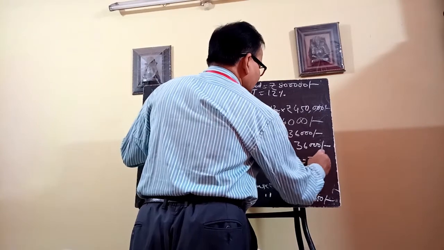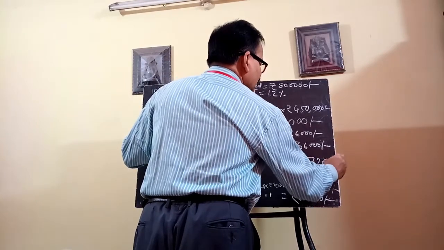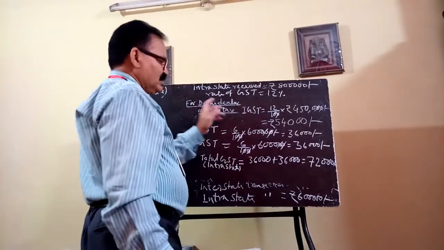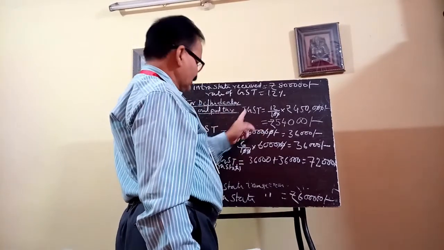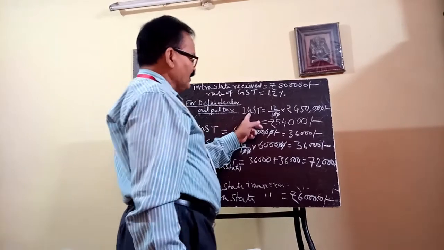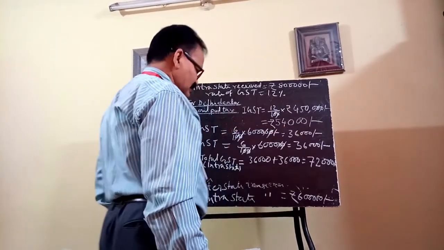This is your 72,000 rupees. And for IGST it is 54,000.